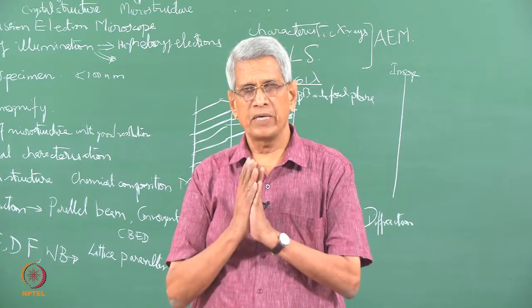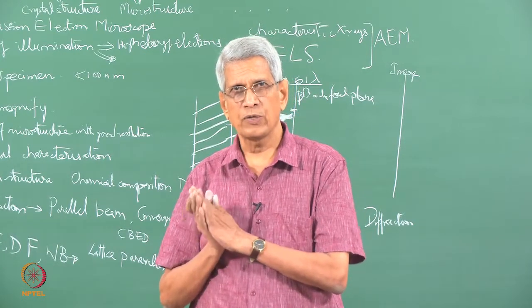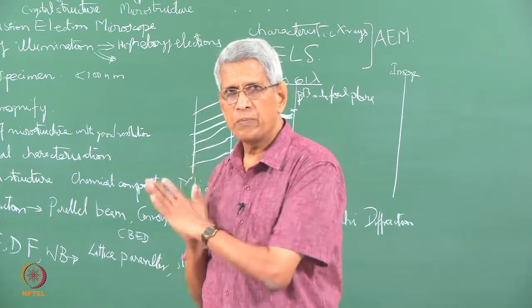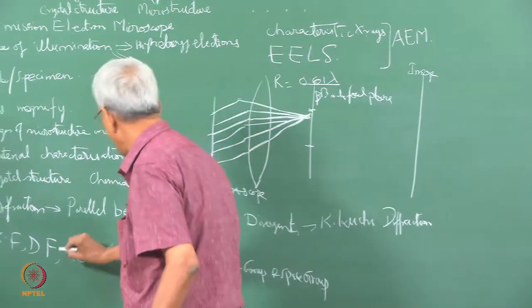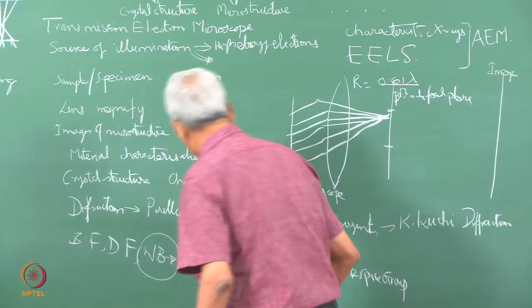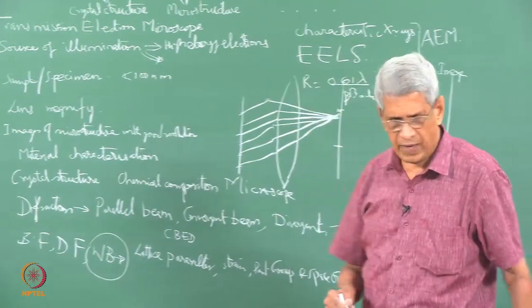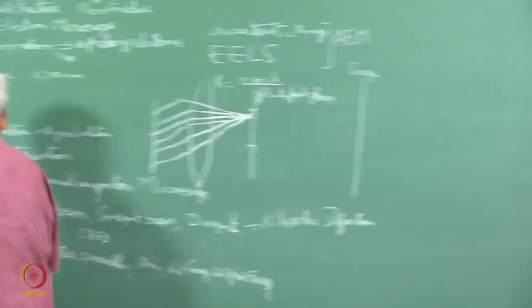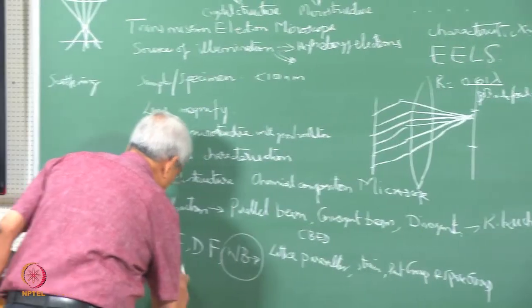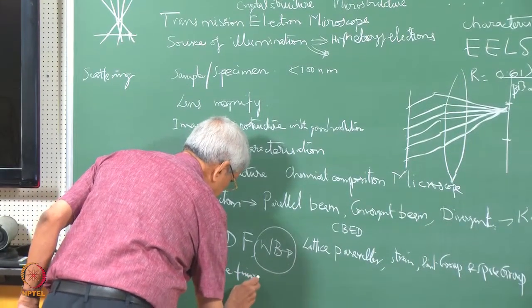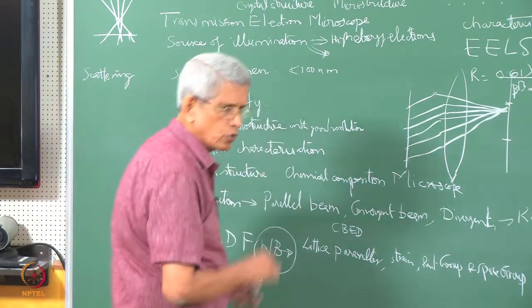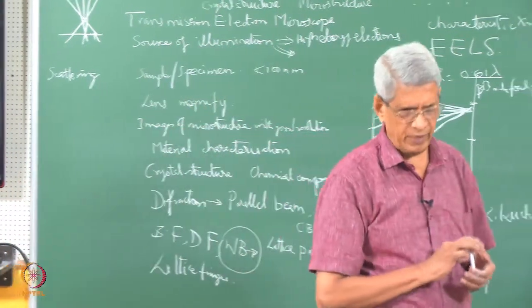In the bright field image it is very difficult to find out the separation, but using this weak beam technique we can get information about that. These aspects we have covered. Then another is lattice fringes, or phase contrast microscopy. Those aspects also we have covered.